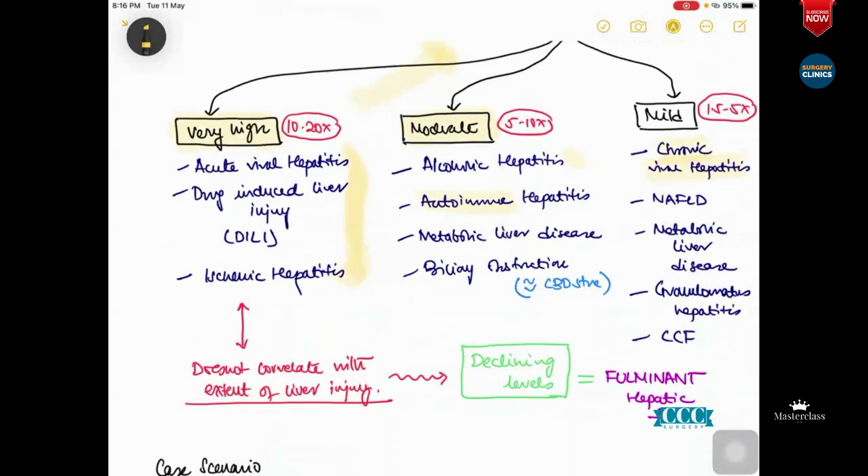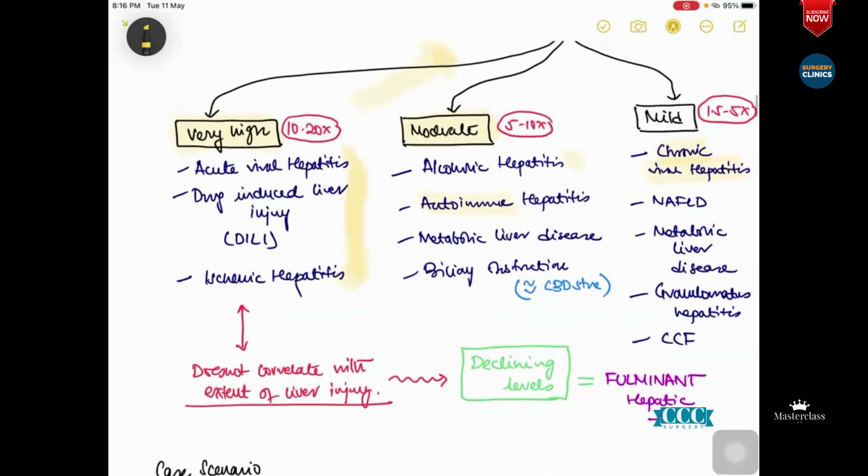Now in congestive cardiac failure, there is a back pressure, and a bit of stagnation of blood in the IVC and all of these things, and the back pressure causes injury to the hepatocytes. Now you might say that in a patient with a very high ALT or AST, the liver cells are damaged.